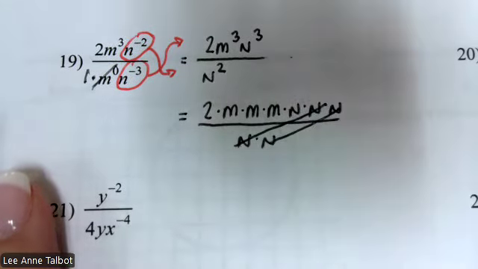Okay, there's nothing left on the bottom. Is that okay? Yeah, over 1 is just the same thing as the original. Okay, number 21.